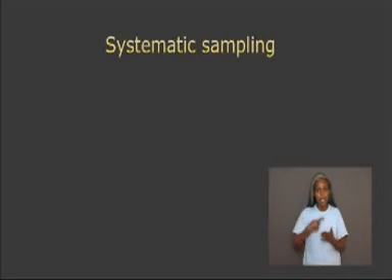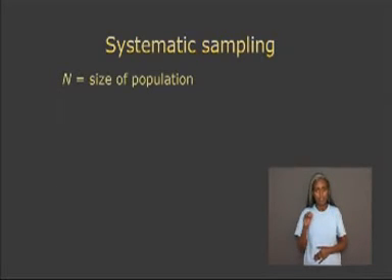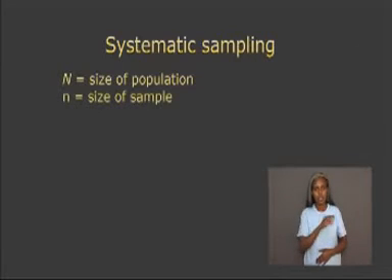The next sampling technique is called systematic sampling. This is another random sampling technique that assigns a unique number to the population, but it uses an equation to determine the sample. N stands for the size of the population, and small n stands for the size of the sample.